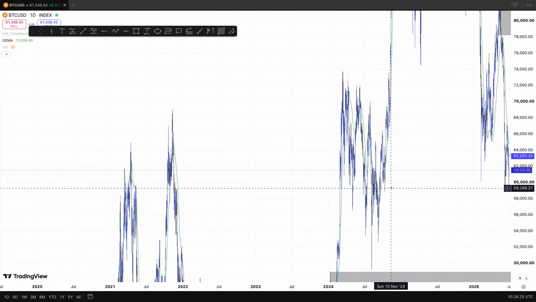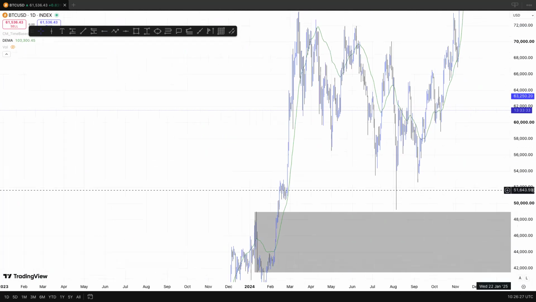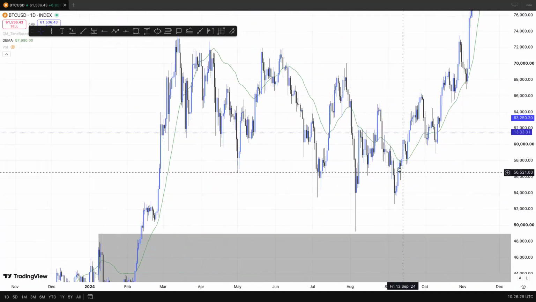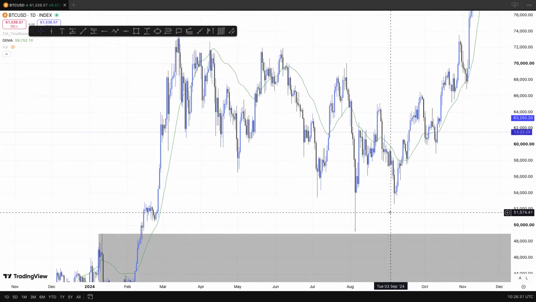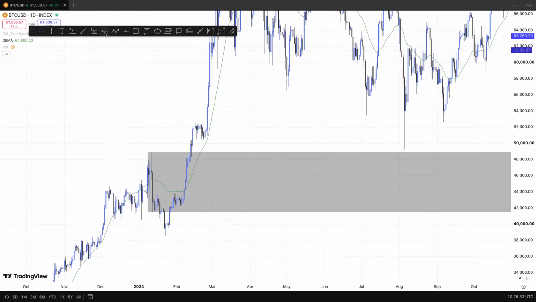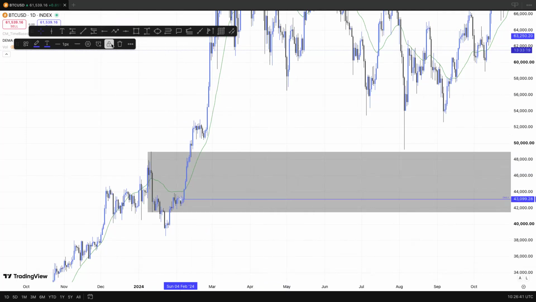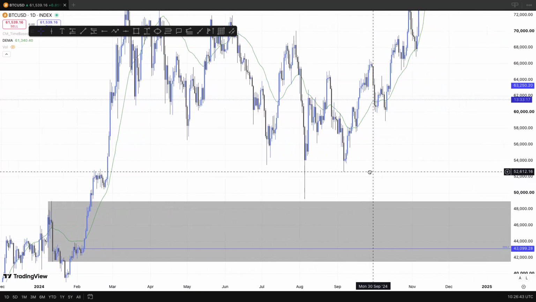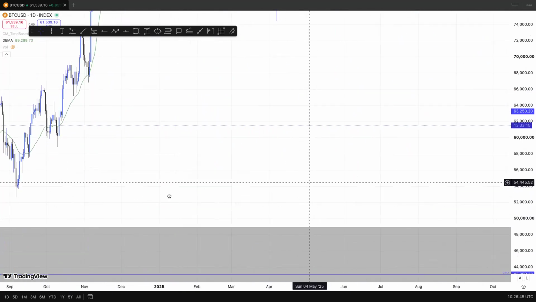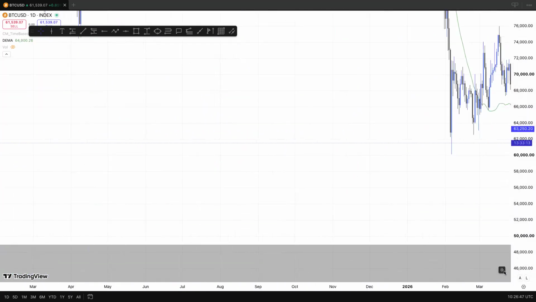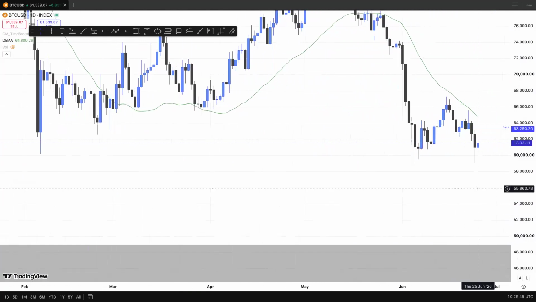So we look for a fresh area of demand. Every demand here has been touched. So the next demand for BTCUSD on the daily time frame will be this demand right here in confluence with the weekly demand. So we scale down to the 4-hour time frame.